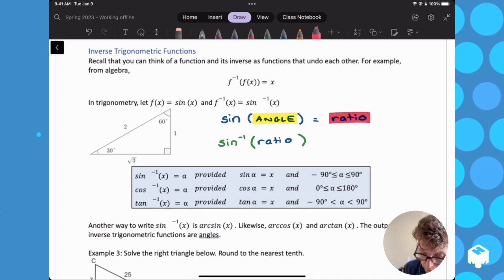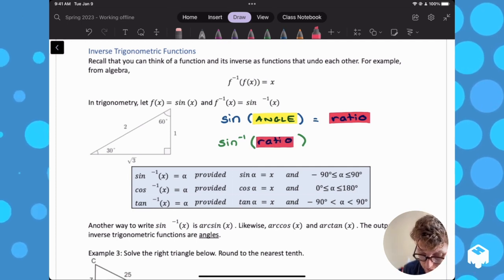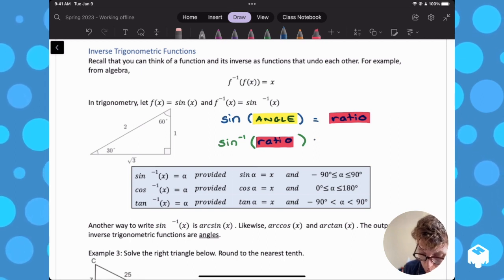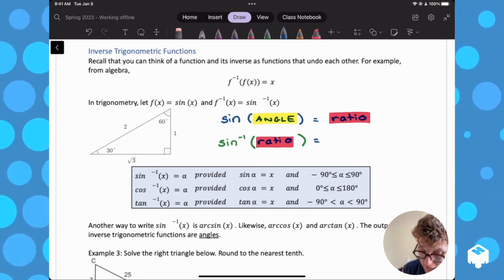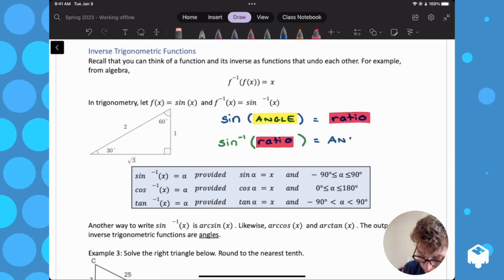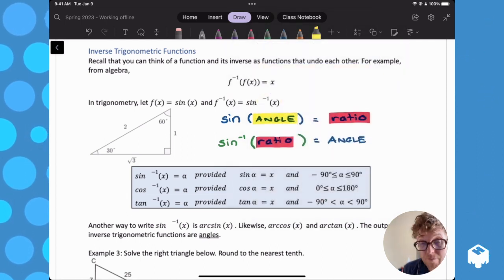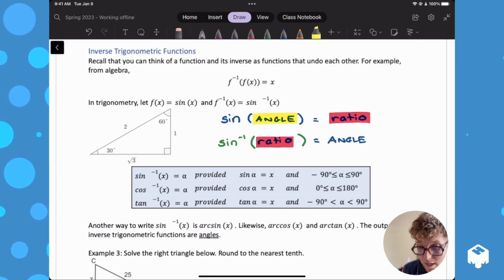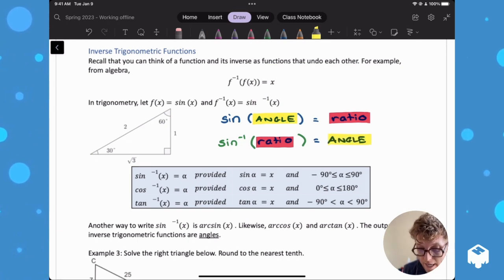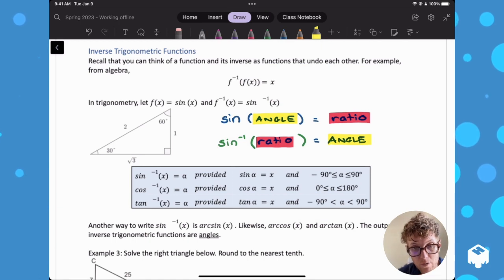So we're going to be inputting a ratio, and the function's output, its range, will be an angle. So the output is going to be an angle, and the input will be a ratio.